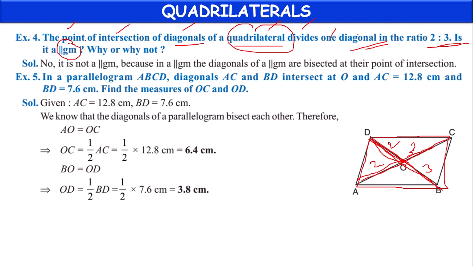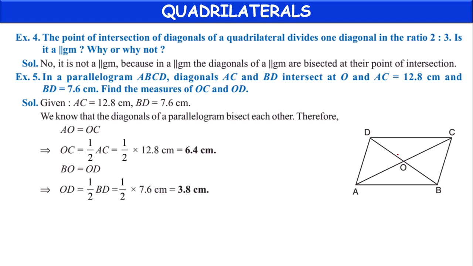So is it a parallelogram or not? Why? Why not? So how are the diagonals divided? In the ratio 2:3. But in a parallelogram, the diagonals are bisected. This part will be equal. Means the point of intersection will be dividing the diagonal in the ratio 1:1.